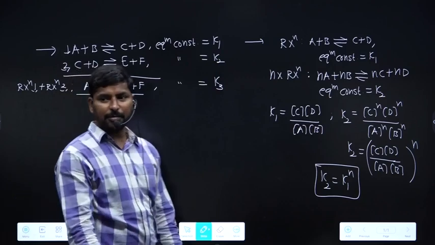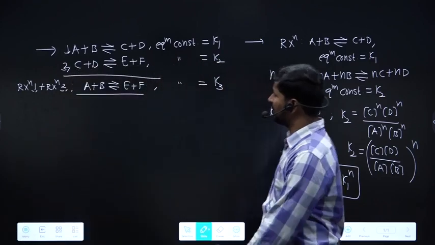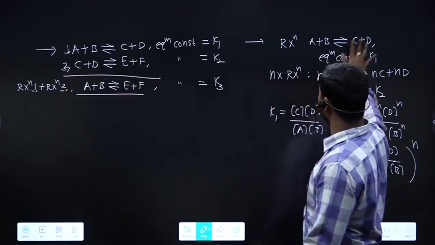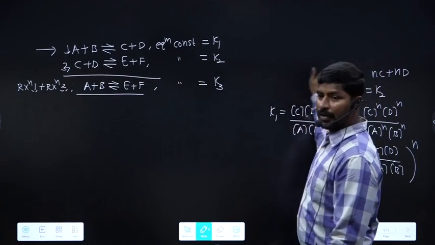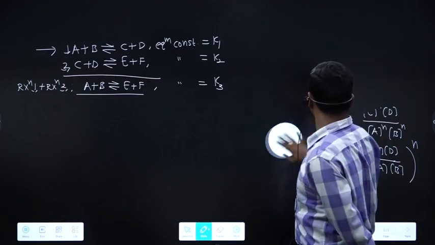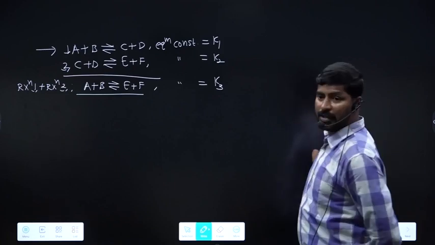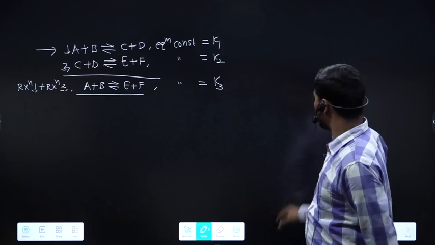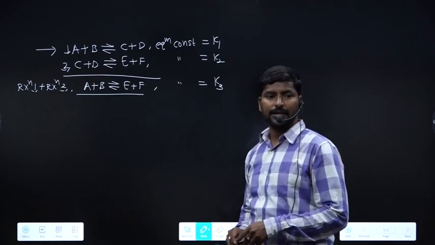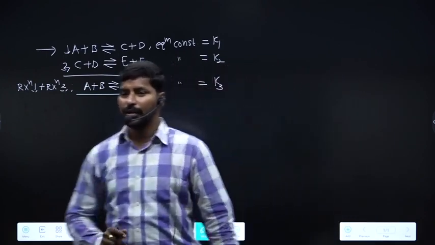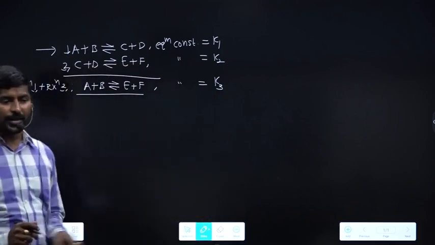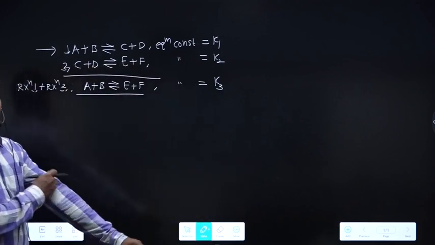Then what is the relation between K1, K2 and K3? Reaction 3 is obtained by adding reaction 1 and reaction 2, and K3 is equal to K1 into K2.